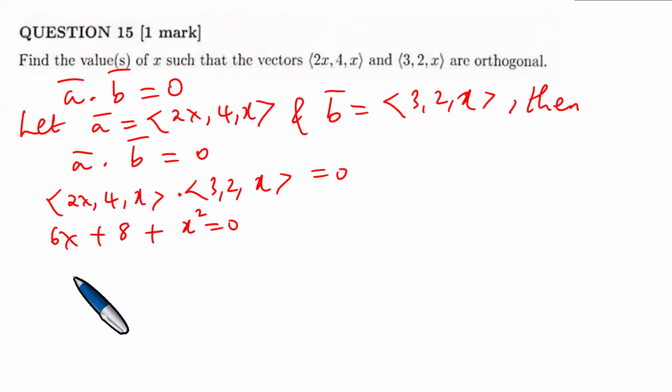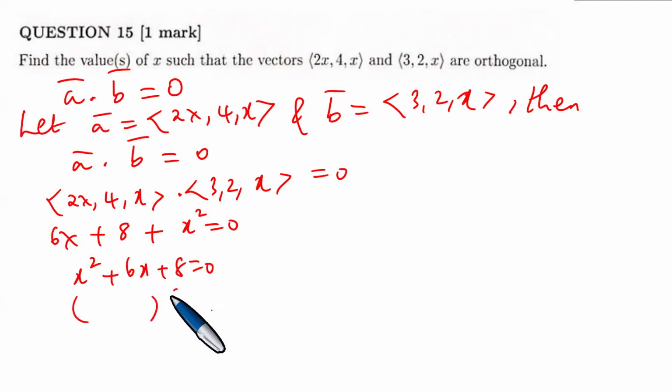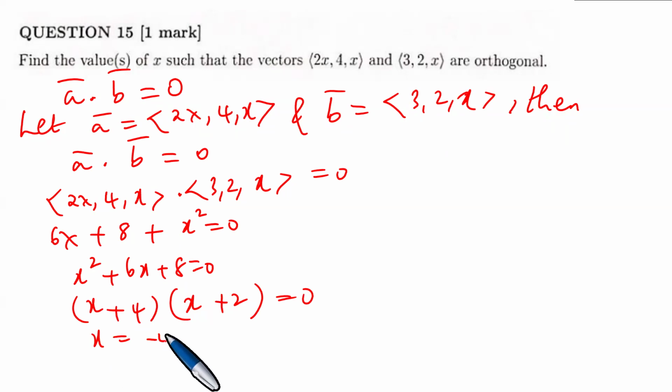So x squared plus 6x plus 8 equals 0. The factors are 4 and 2, which means x is minus 4 or x is minus 2. So this becomes the result.